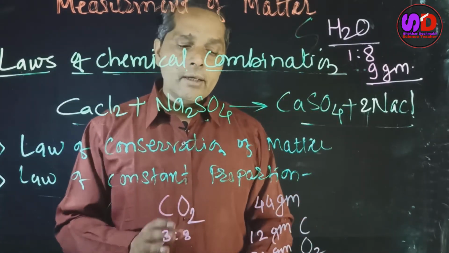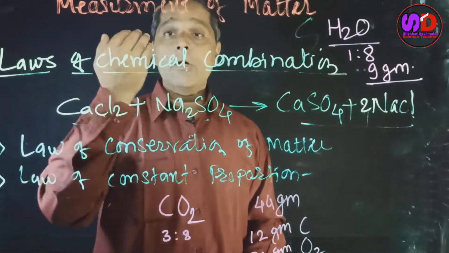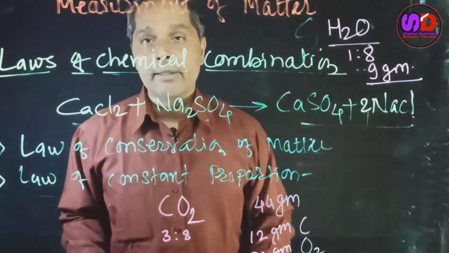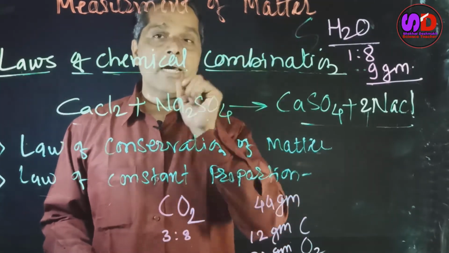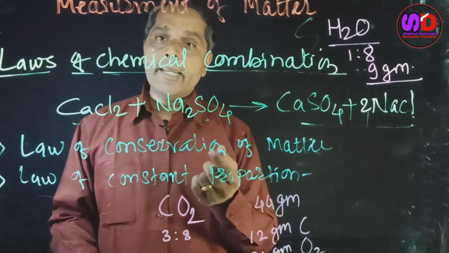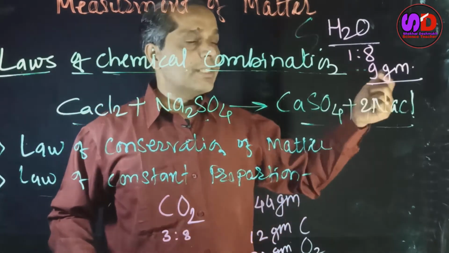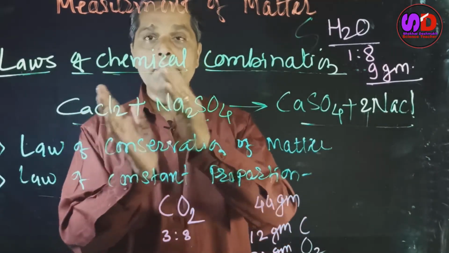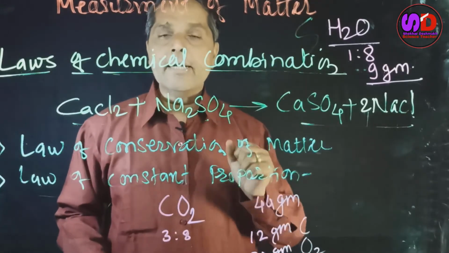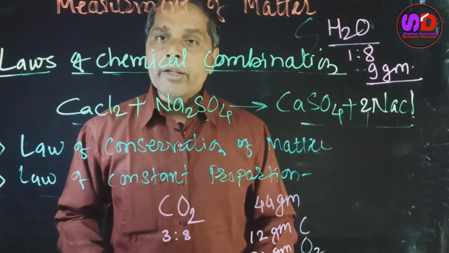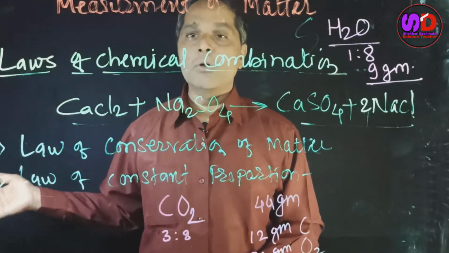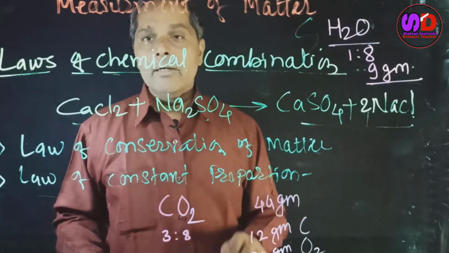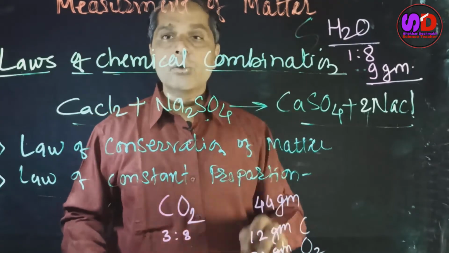What is the meaning of that? Take the carbon dioxide we exhale during the respiration process. Secondly, take the carbon dioxide formed if we burn carbon, that means C plus O2 gives CO2. Or take carbon dioxide present in the atmosphere; we know carbon dioxide is present in air in a proportion of 0.033.